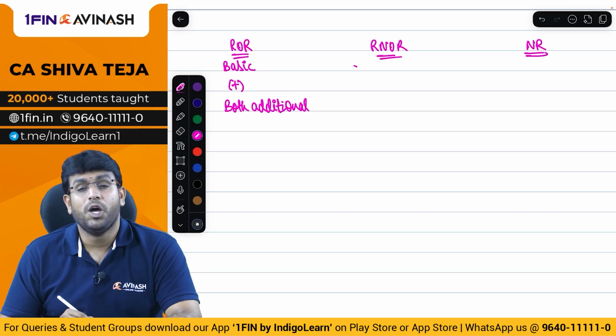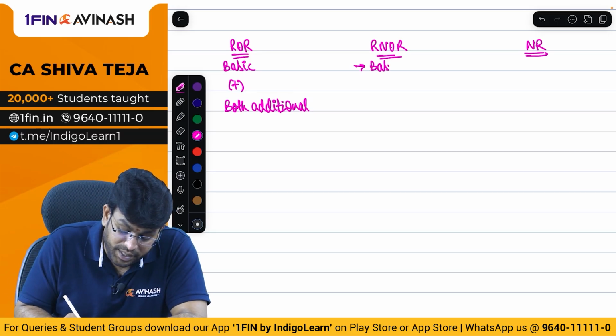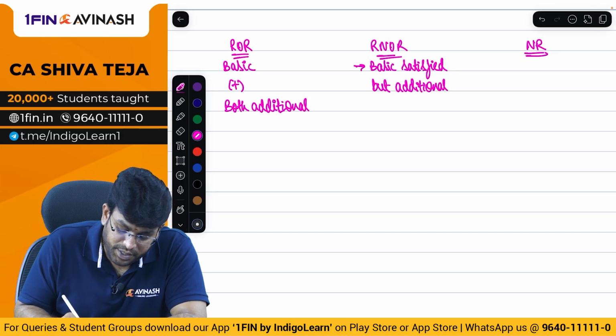Basic condition is satisfied, both additional also satisfied. RNOR: 3 cases will be there. Case number 1: basic satisfied. Basic condition is satisfied, but additional conditions not satisfied.